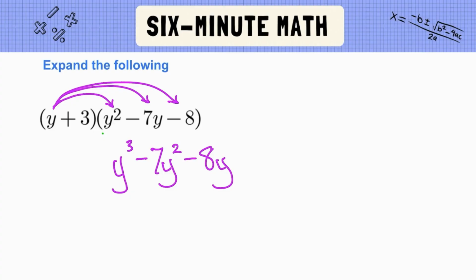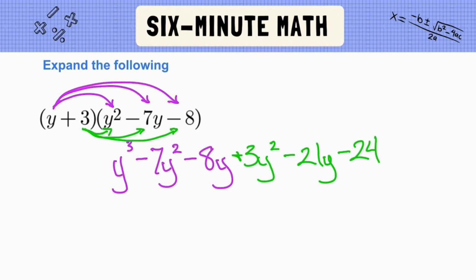I now take my 3 and multiply it by each of my terms. 3 times y squared is positive 3y squared. 3 times negative 7y is negative 21y. And 3 times negative 8 is negative 24. And then I collect my like terms.